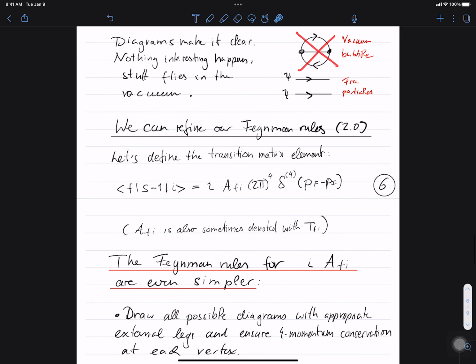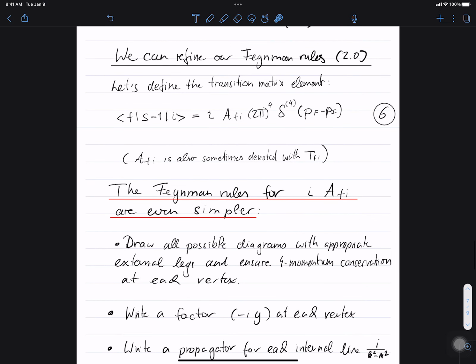Now we can refine our Feynman rules, and first let's define a transition matrix element. The evaluation of the S-matrix minus 1 between final and initial states always leads to a form where you have an i up front, the so-called transition matrix element A_fi or T_fi.